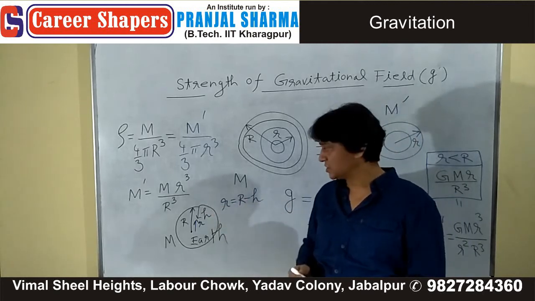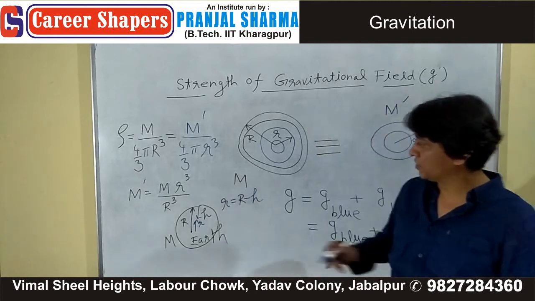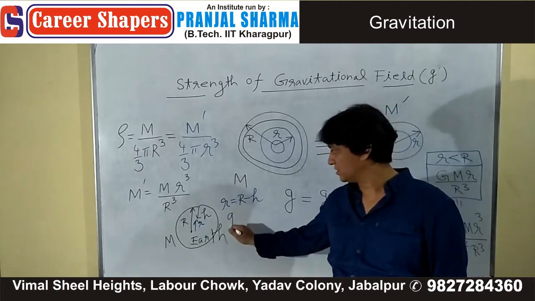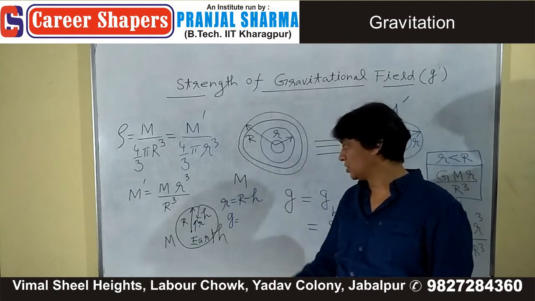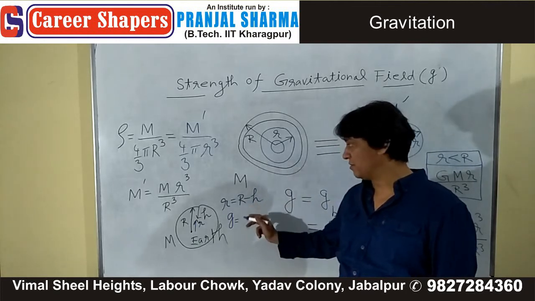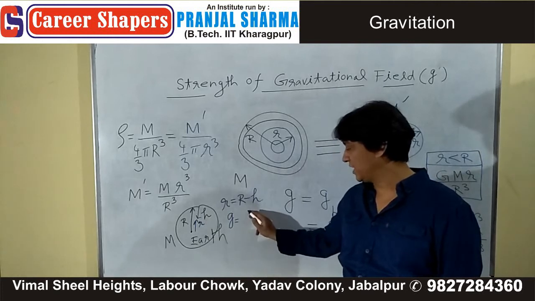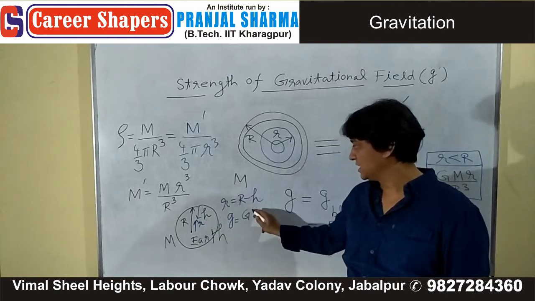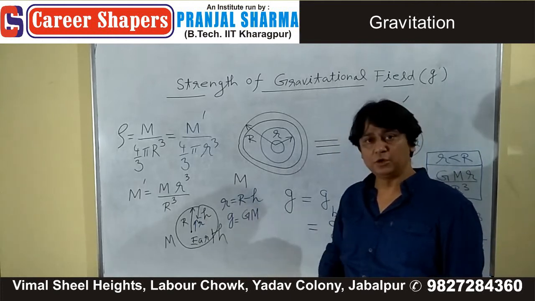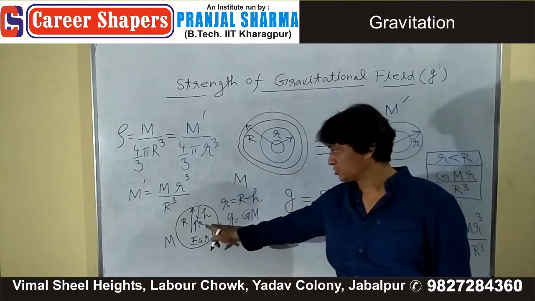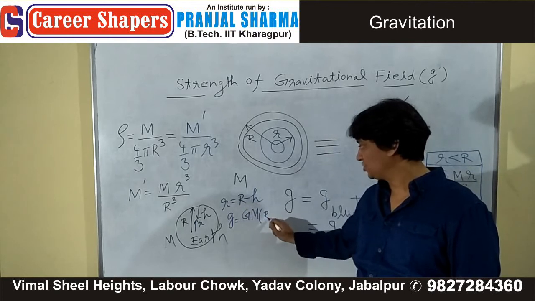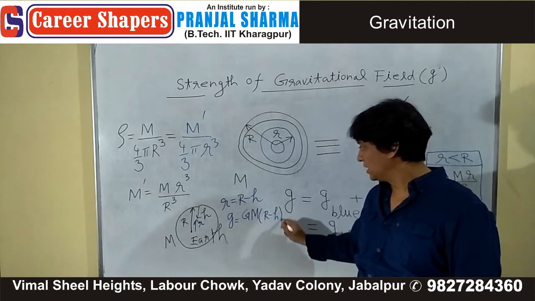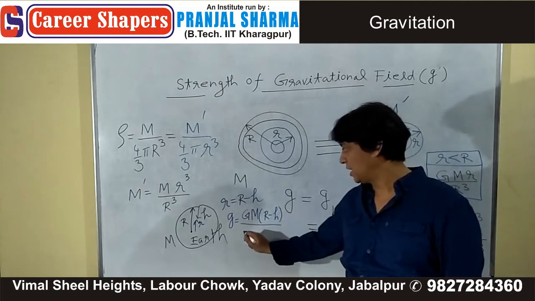Capital R minus h, and therefore the gravitational strength, gravitational acceleration, intensity of gravitational field at a depth of h from the surface of Earth is G M into small r, which is R minus h, divided by R cube.